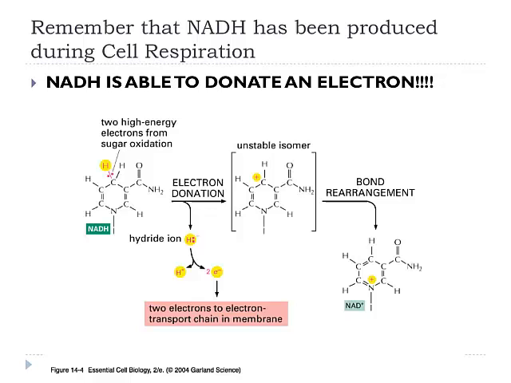So remember that NADH, an electron carrier, is also very readily able to donate electrons, because they're high energy electrons that they're carrying that are binding that proton to the NAD.